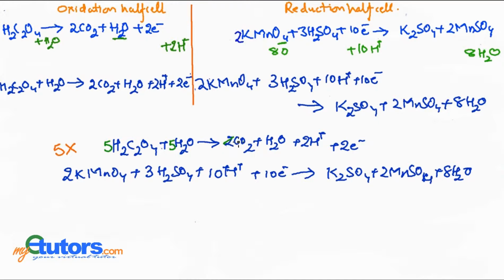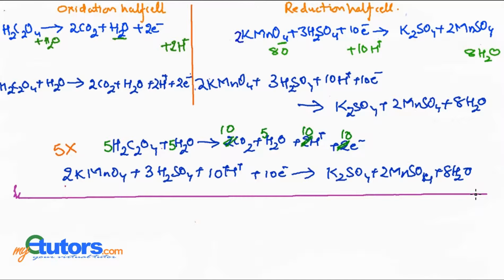Now adding both the equations, we eliminate the common compounds or elements which are present in both the half cells on opposite sides. That is, if hydrogen ions are present on the reactant side of one equation and hydrogen ions are present on the product side of the other equation, then the common ones can be eliminated. Similarly for water molecules, electrons and all other ions or molecules.